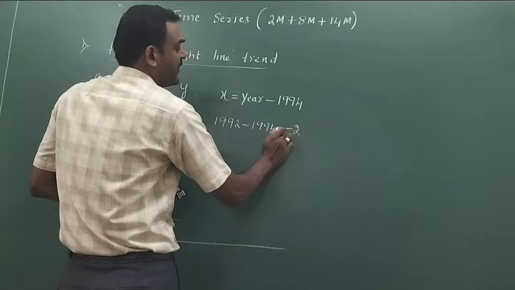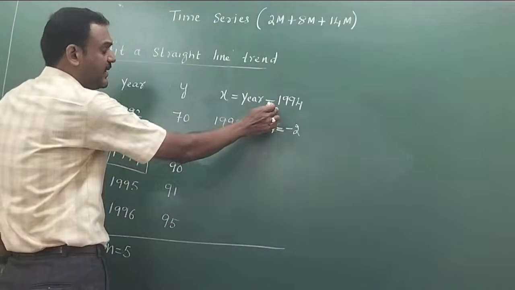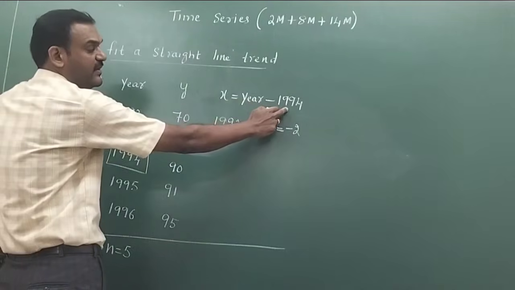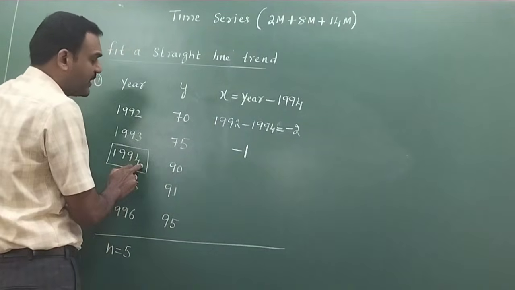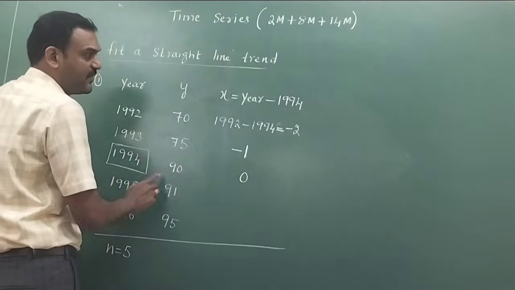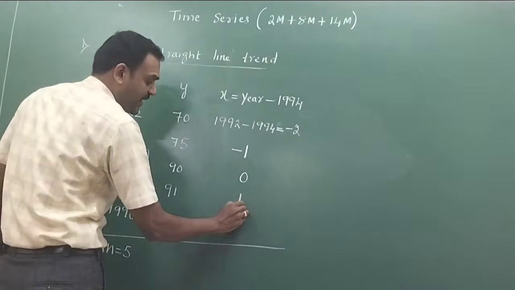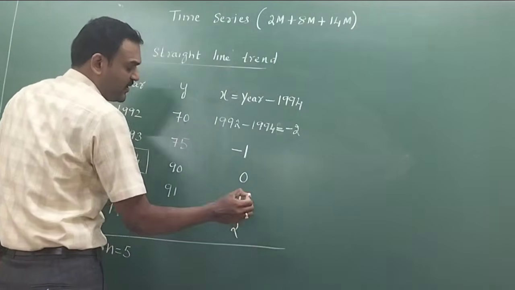This is the value of X, minus 2. Then 93 minus 94 is minus 1. And 94 minus 94 is 0. And 95 minus 94 is 1. And 96 minus 94 is 2.